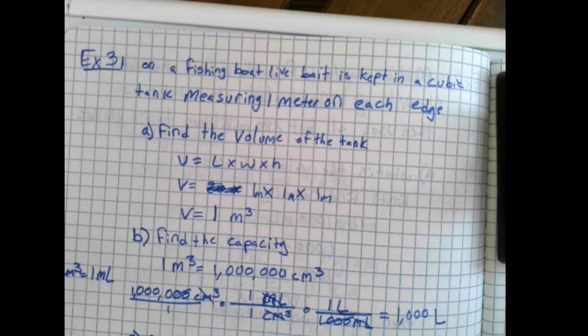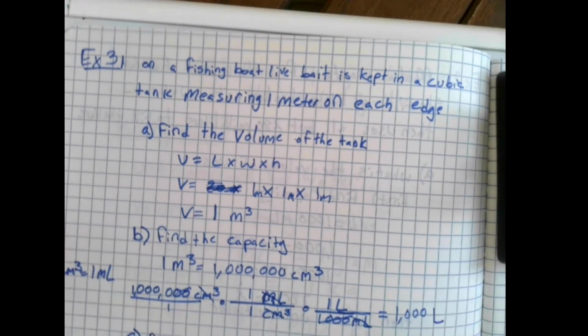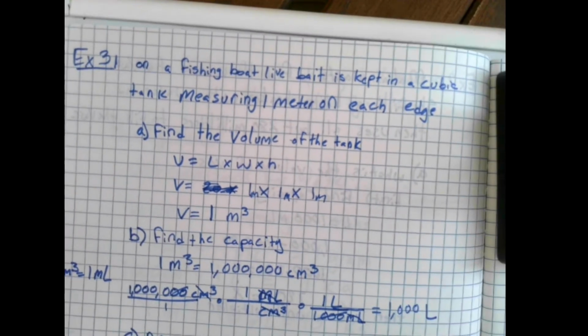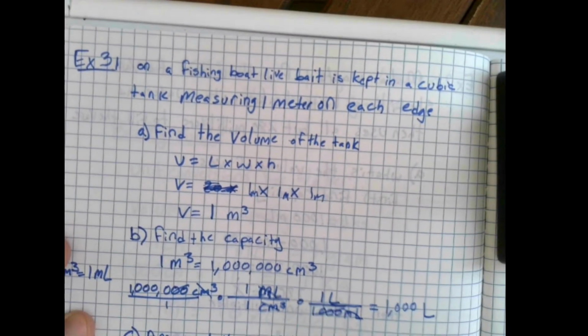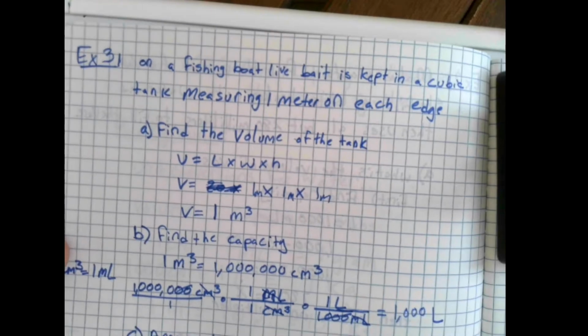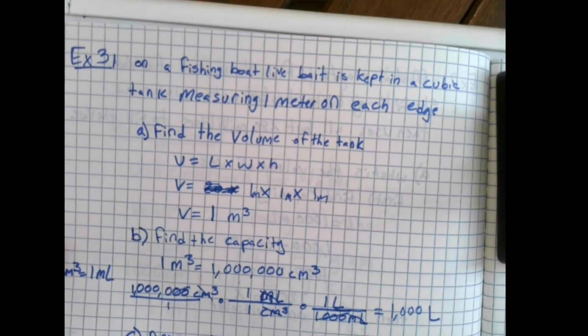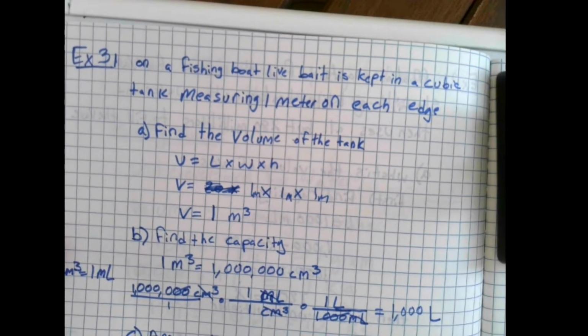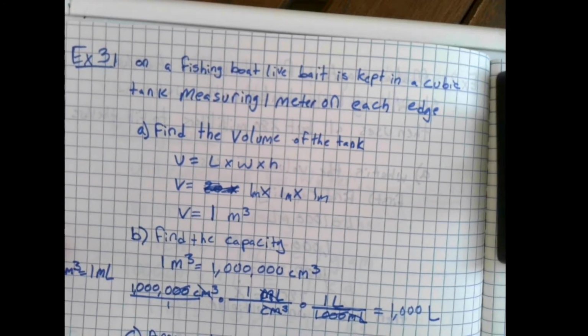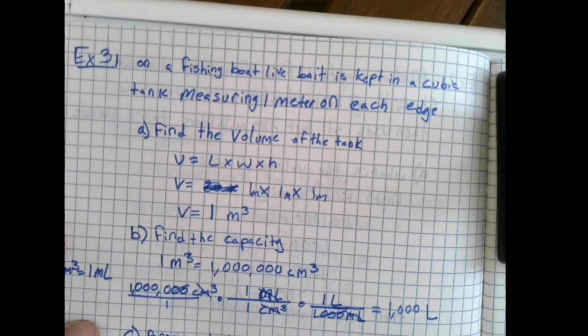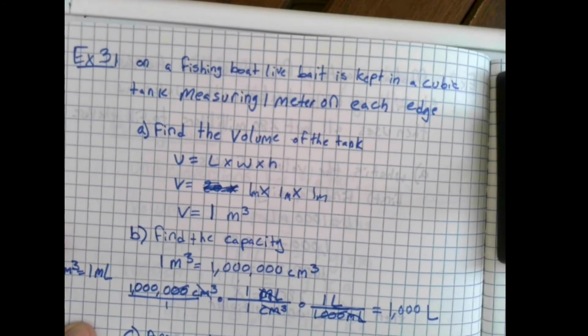Now, if we're approximating the weight, we know that every liter is a kilogram, so it's going to be 1,000 kilograms. If we know that 1 kilogram is 2.21 pounds, we can do 1,000 times 2.21, which will give us 2,210 pounds.